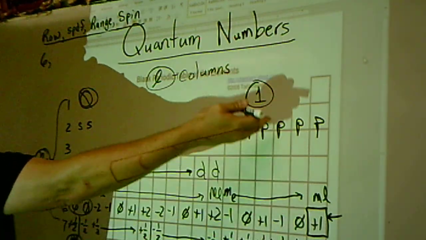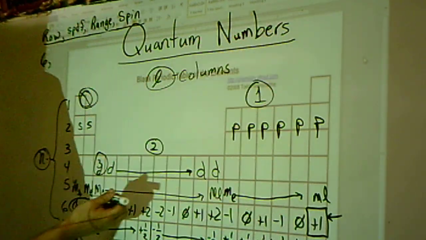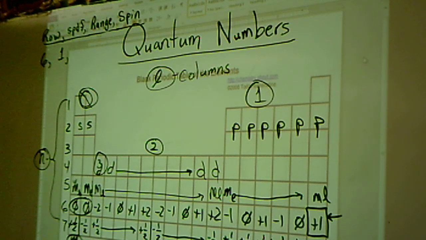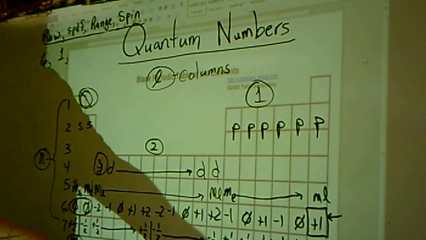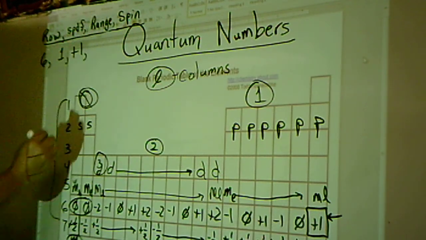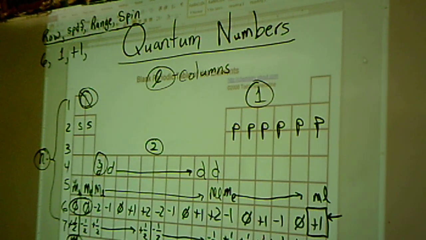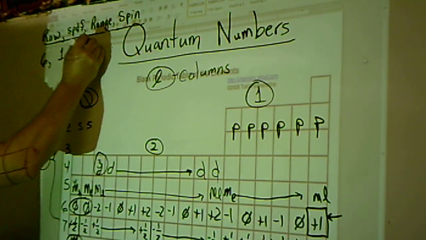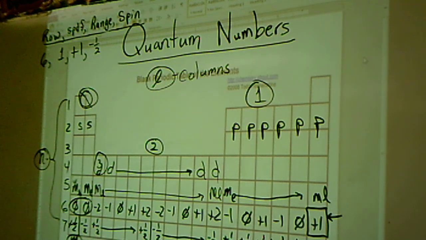Now I'm in the P's, which are 1. My range is a positive 1. And then my spin direction is the other half, so it's a negative 1/2. You do notice I didn't even put the element down. I believe that one is actually radon.